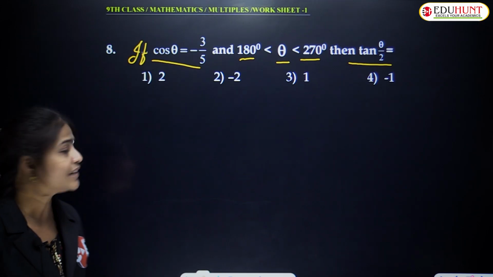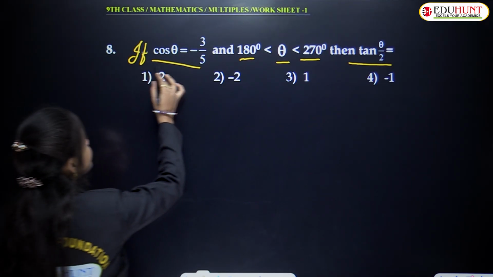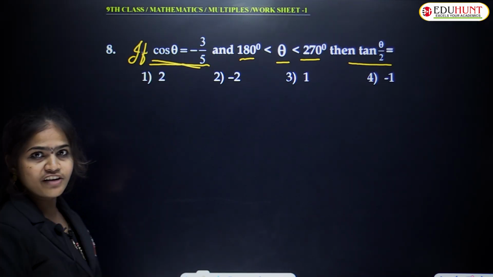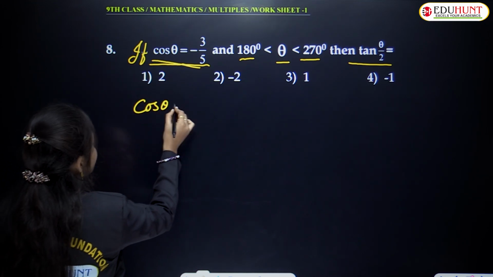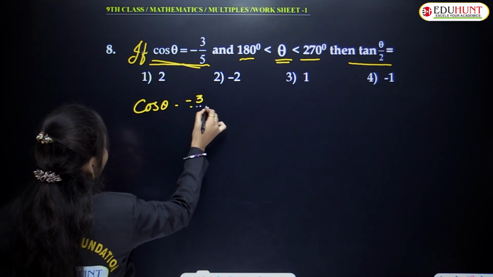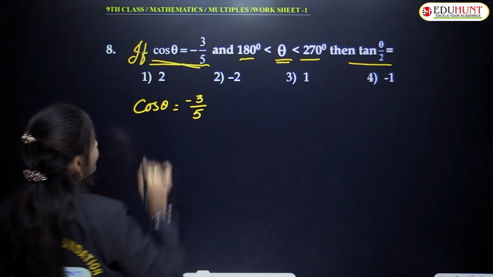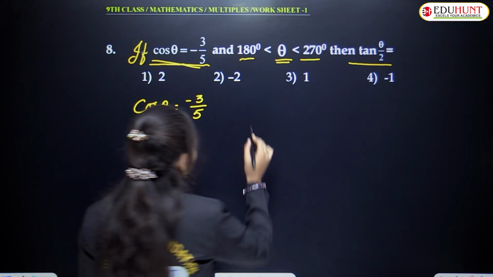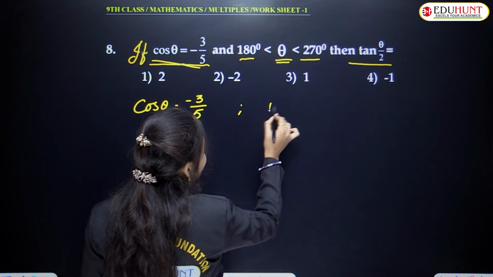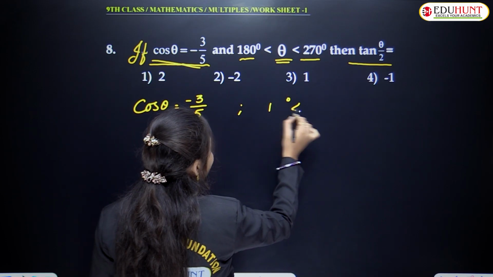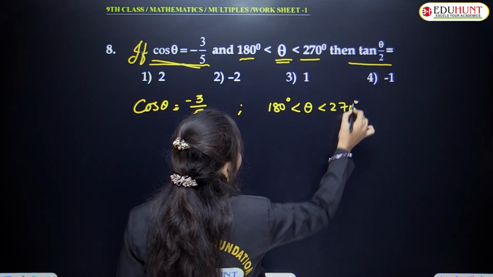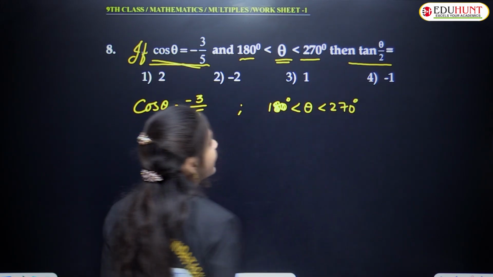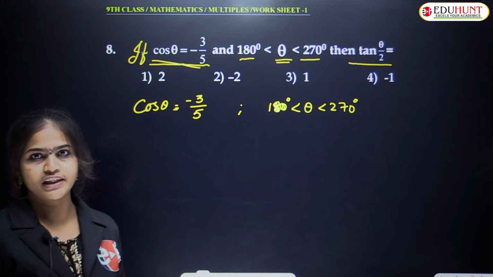Once again, read the question. They gave cos theta equal to minus 3 by 5, and another condition, that theta lies between 180 degrees and 270 degrees. Am I clear? We need to find the value of tan theta by 2.